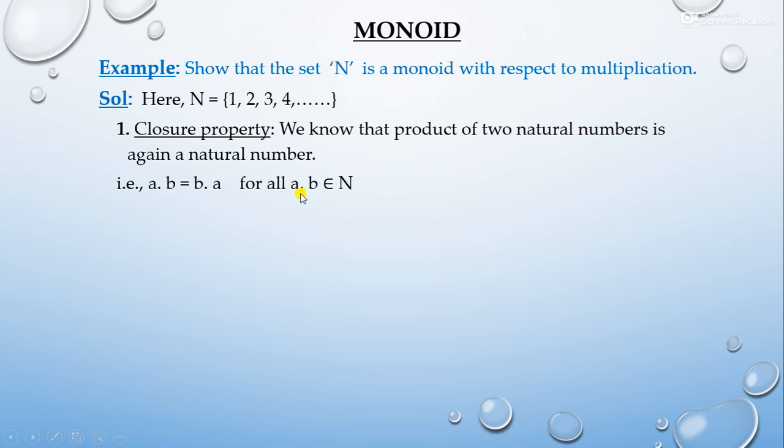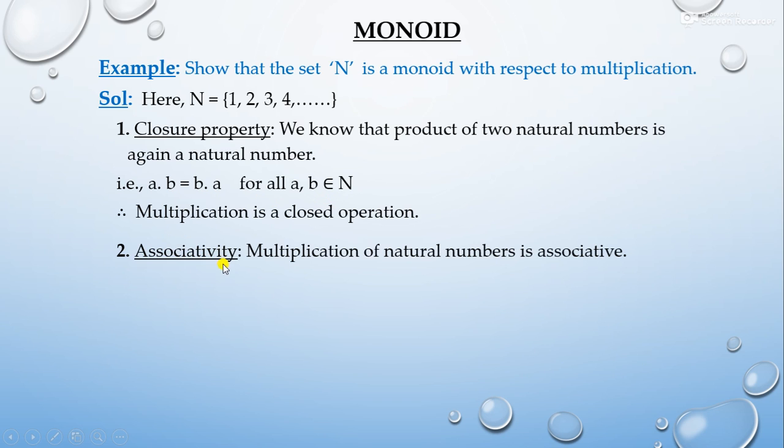Suppose we have two elements a, b in the natural number set, and the operation is multiplication. So a multiply b is always equal to b multiply a, and this belongs to N, so it will hold the closure property. So we can say that our multiplication is a closed operation. Now second is associativity.